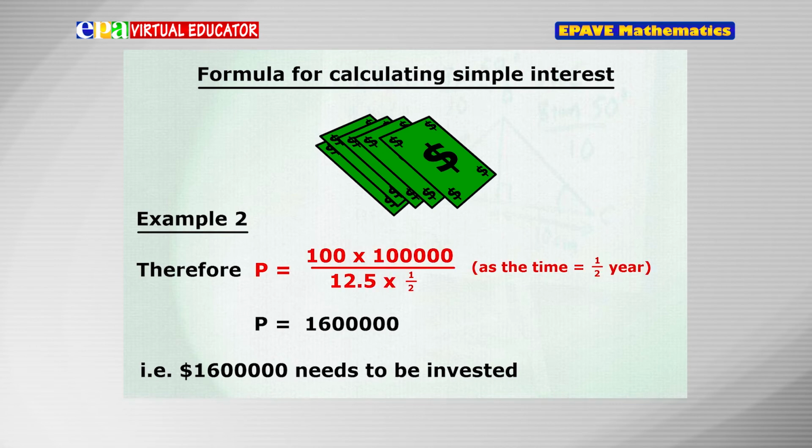Therefore, P is equal to 100 multiplied by 100,000 divided by 12.5 multiplied by half, as the time is half a year. This gives the result 1,600,000. That is, $1,600,000 needs to be invested.